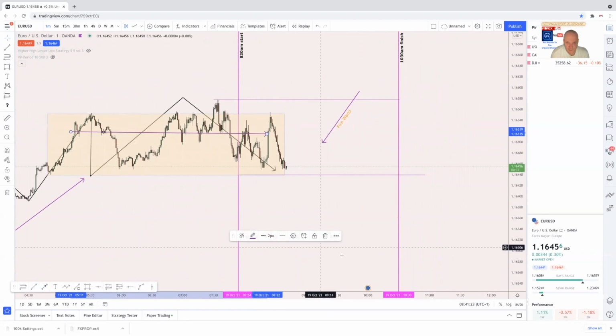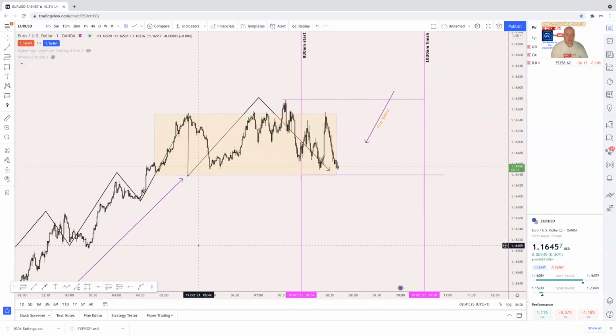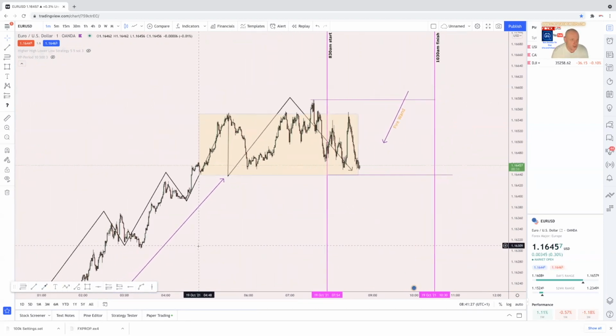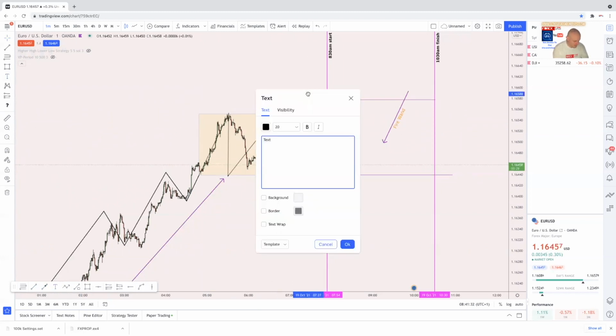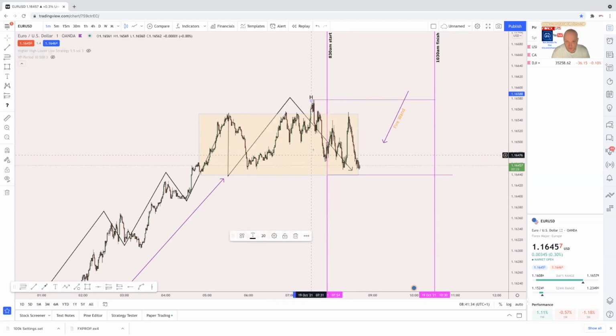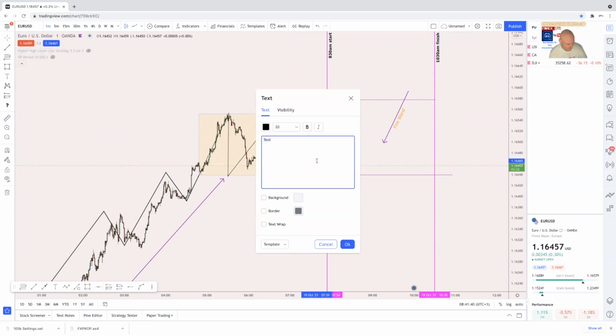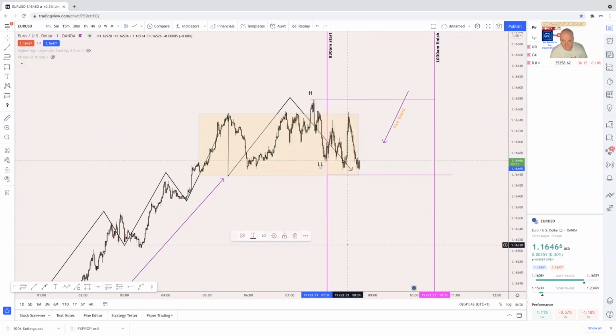Going to get rid of that. And again, we need to mark out. There's nothing really there to mark up, to be fair, at the moment, other than you're just about to come into the area. So we've got the high. Got a low.